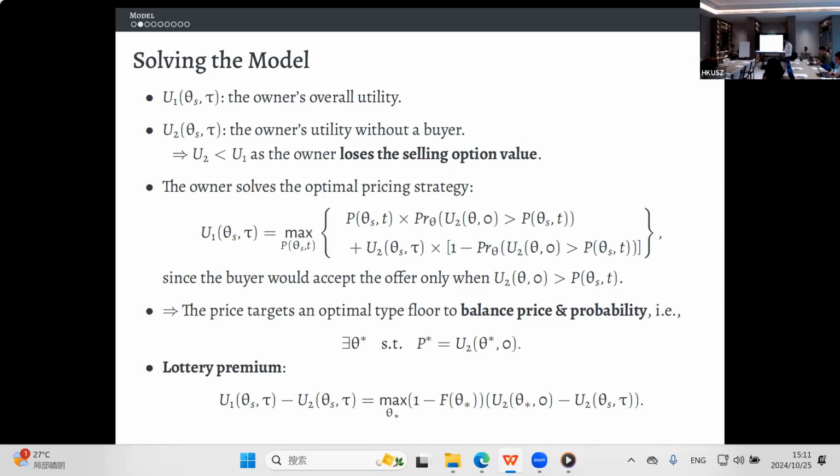So if I don't like the NFT, I don't want to buy this design, then there is no buyer, and its value is zero. But we say there's a lottery premium: if there is a buyer, then the seller wins a lottery, a chance to sell their art piece to a new owner.